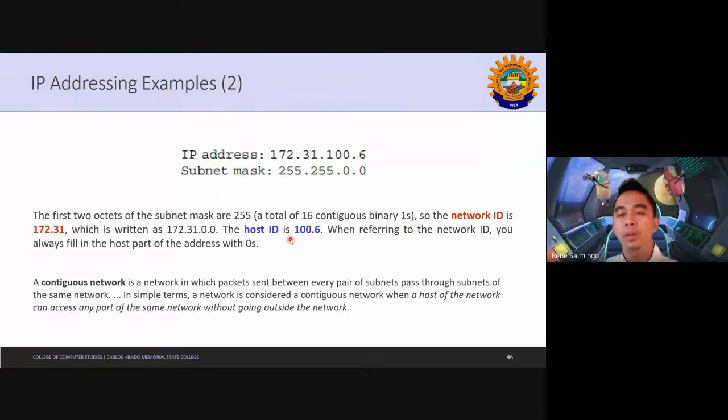And for your host ID, the last two. So this would be your host part.